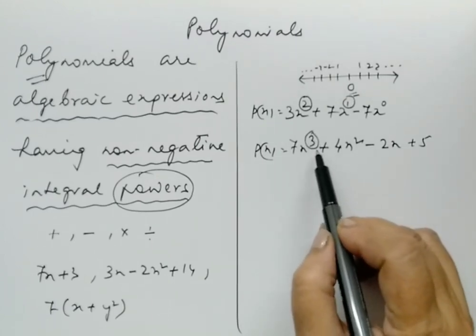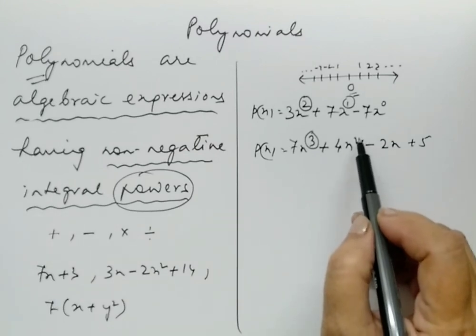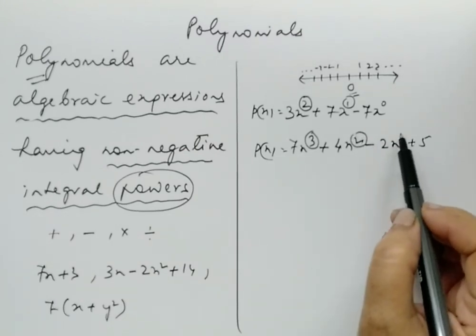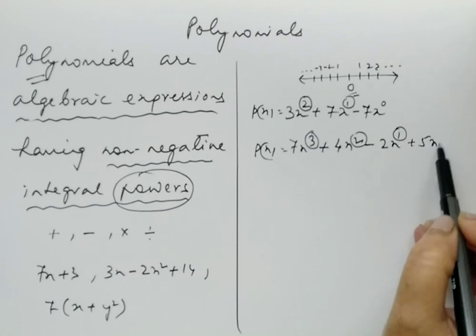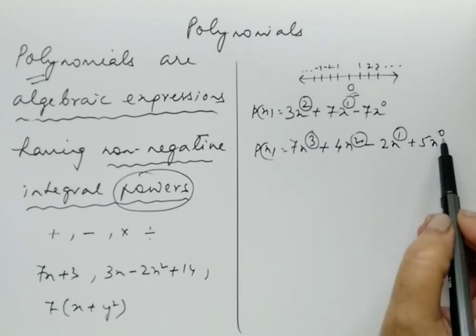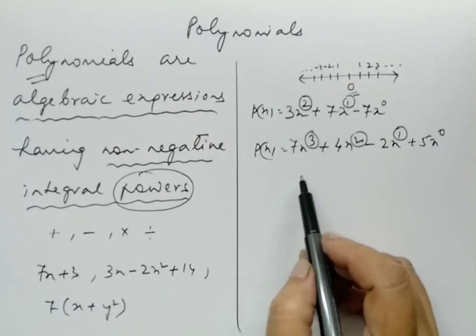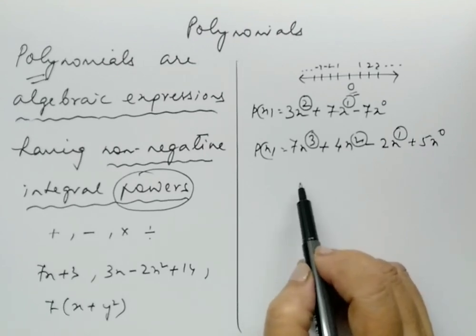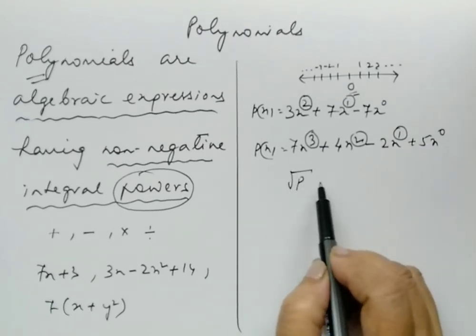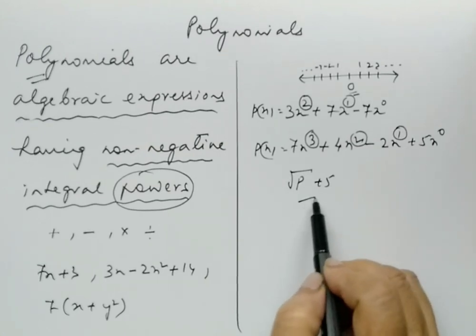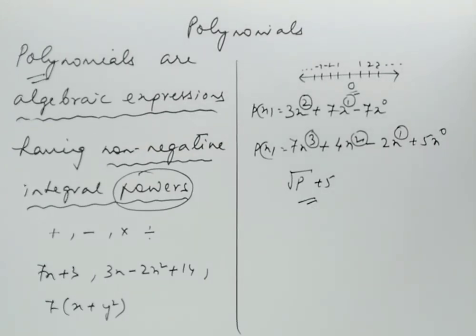This is a positive exponent, positive power, and here also a neutral power, a neutral integer. Now if we were given an expression and asked whether it is a polynomial or not, what would you say?